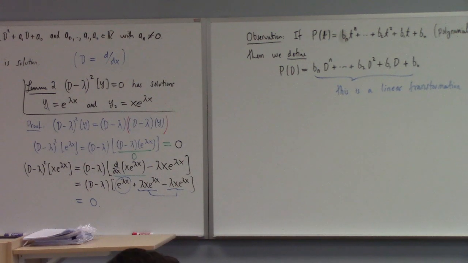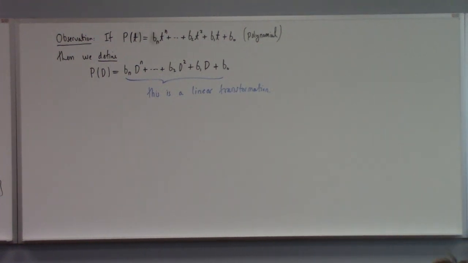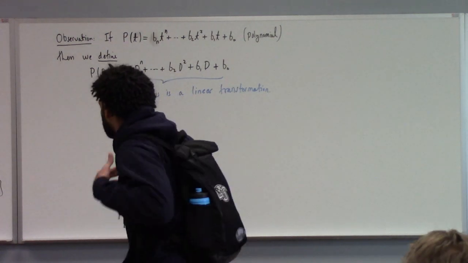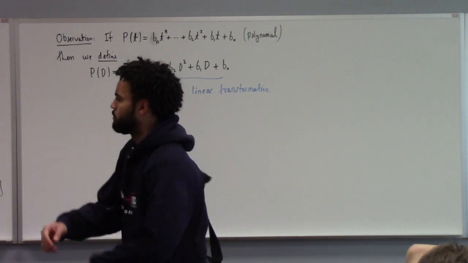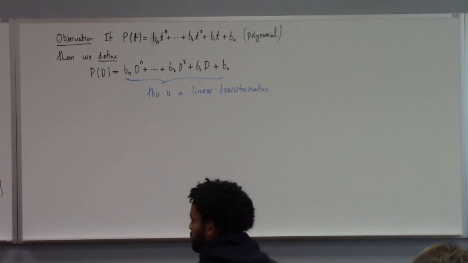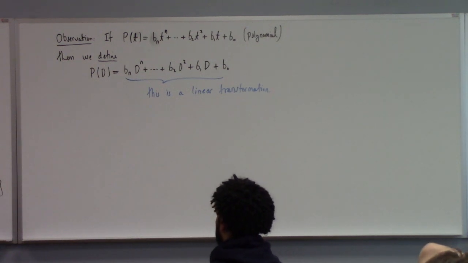If you multiply a linear transformation by a constant, you still get a linear transformation. And the sum of linear transformations is again a linear transformation. So you put this all together, and we have this wonderful result that any polynomial in the differentiation operator is linear. All right?